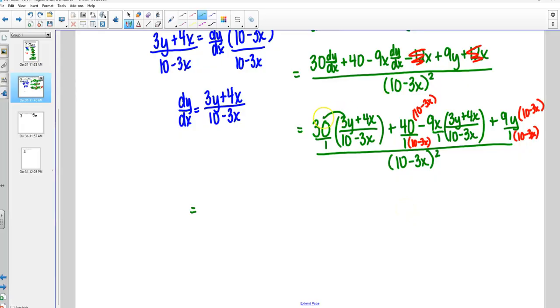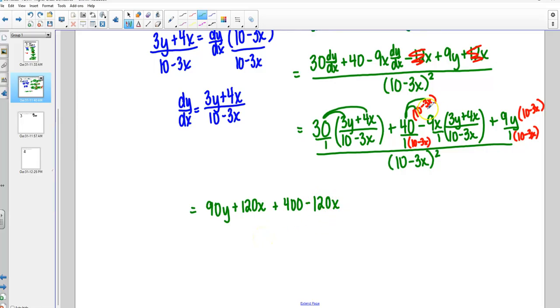This 30 gets distributed. So we'll have 90y plus 120x. My 40 gets distributed. So 400, this is fun, isn't it? Okay, minus 120. Oh, look, though, that felt good.